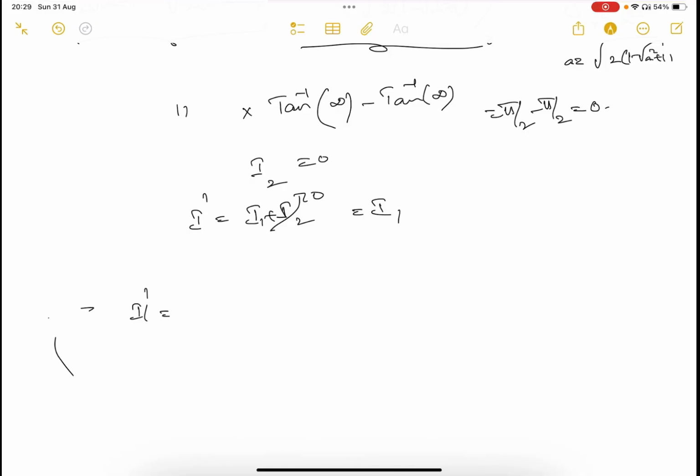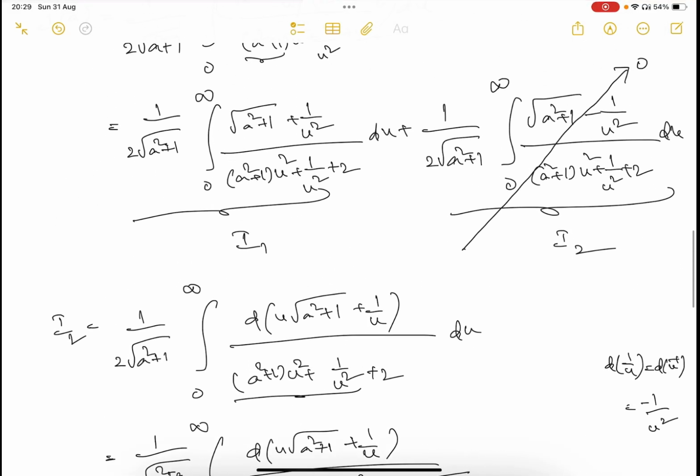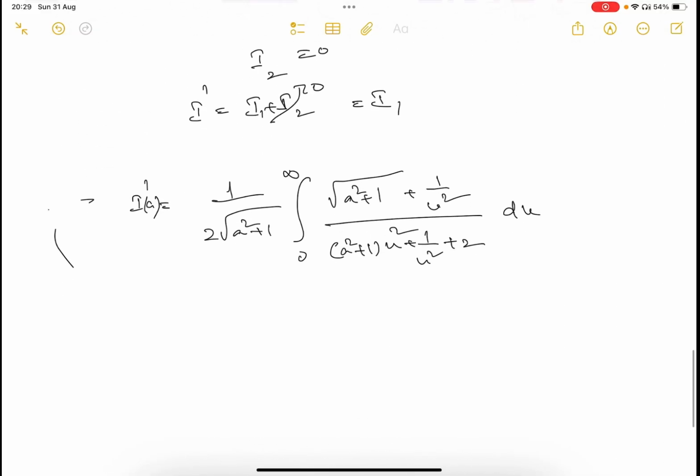So I dash of a is 1 by 2 into root a square plus 1, integral 0 to infinity, root of a square plus 1 plus 1 by u square, over a square plus 1 u square plus 1 by u square plus 2, du, right? Fine, this is the question.